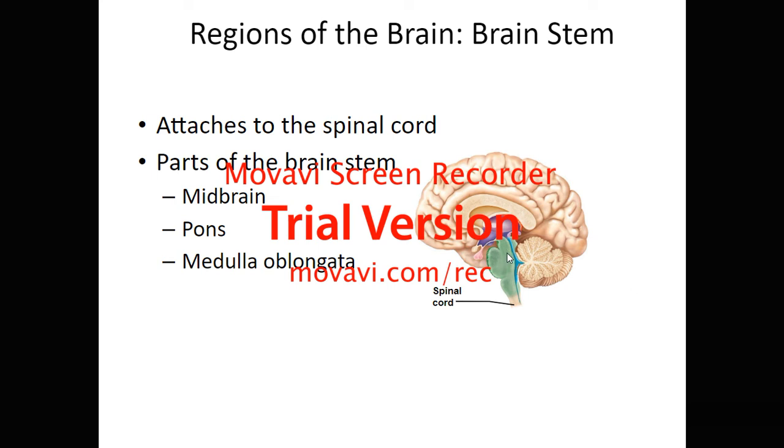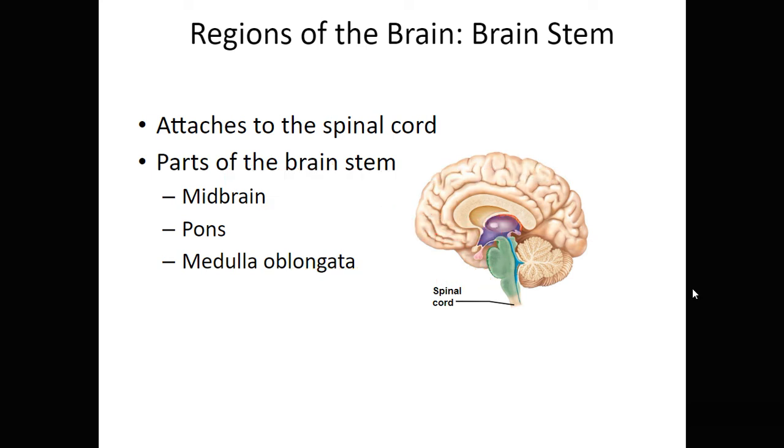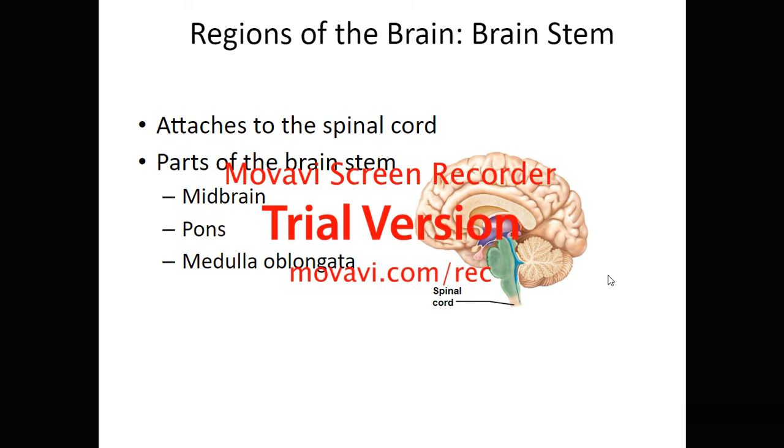The pons also has cranial nerves 5 through 7. Okay, cranial nerves 5 through 7 are found in the pons.